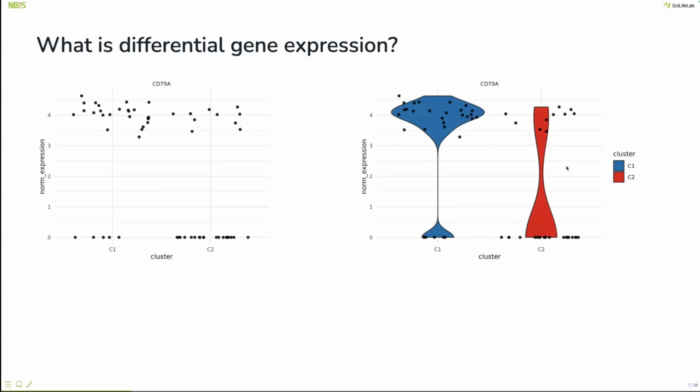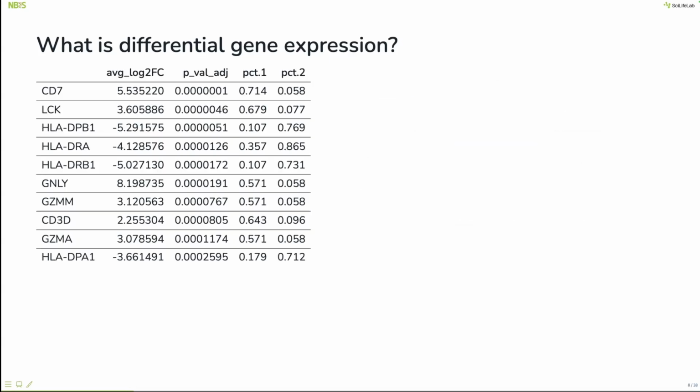And this is something that we need to remember in single cell RNA-seq, that whenever you see a log 2 fold change or a difference in mean or something like that, it can be based on different things. So for that reason, you also get a table with the percentage of each group that express the gene.